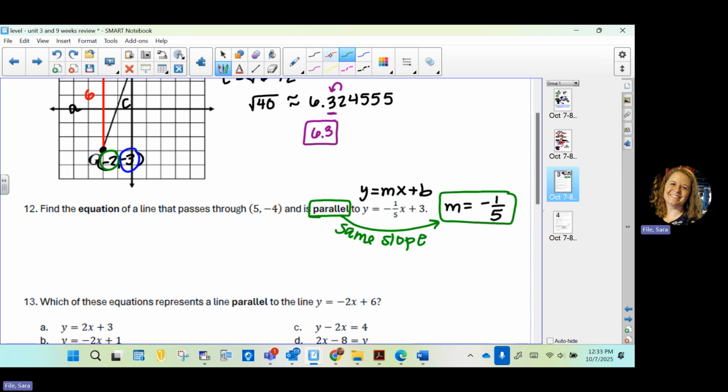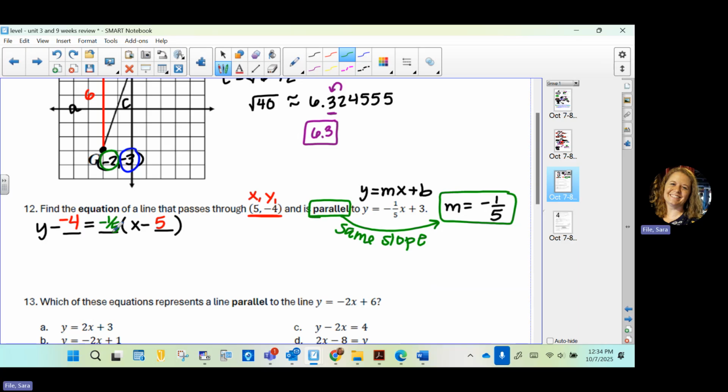And then they tell us that it goes through this point. So that's going to be my x1, y1. And I've got a point and I've got slope. So I'm using point slope form. So the point, the x is 5, the y is -4, and the slope is -1/5.